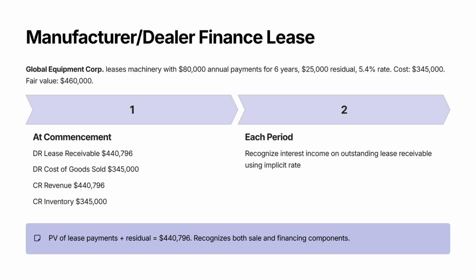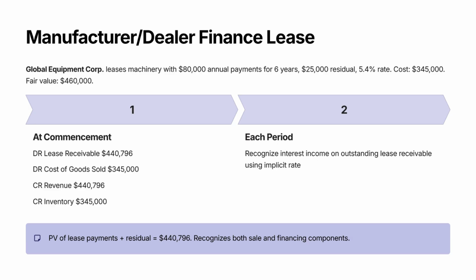Let's make that concrete. Example, manufacturer/dealer finance lease. On January 1st, Global Equipment Corp. leases machinery with these terms. $80,000 per year for 6 years, paid at the beginning. Guaranteed residual $25,000, implicit rate 5.4%, cost $345,000, fair value $460,000.